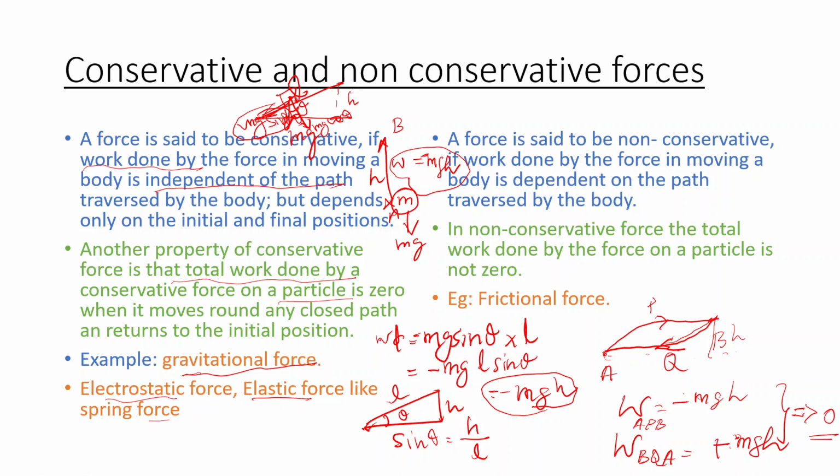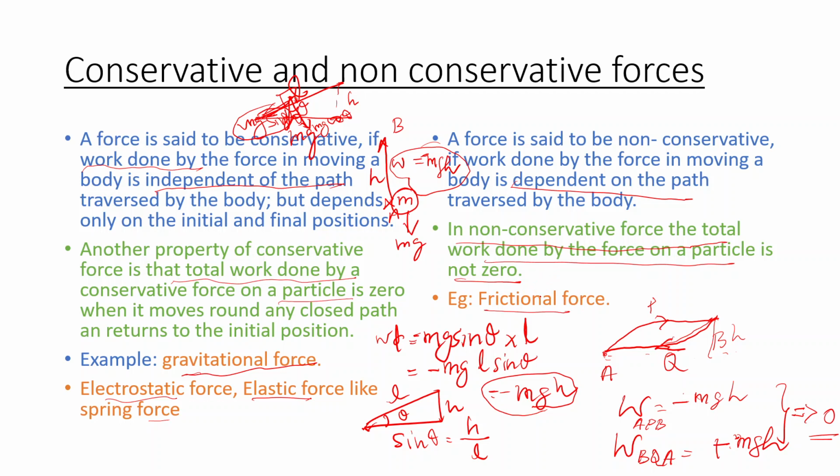Now, a force is said to be non-conservative if the work done by the force in moving a body is dependent on the path taken. It is different from the first one. In a non-conservative force, the total work done by the force on a particle is not zero. An example is frictional force.